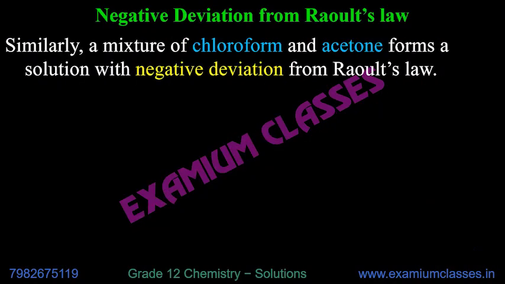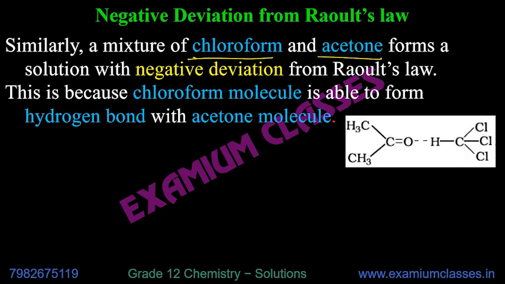Next example, chloroform and acetone. Acetone appears in three examples: two examples of positive deviation and one example of negative deviation. Chloroform and acetone. This is because chloroform molecule is able to form hydrogen bond with acetone molecule.